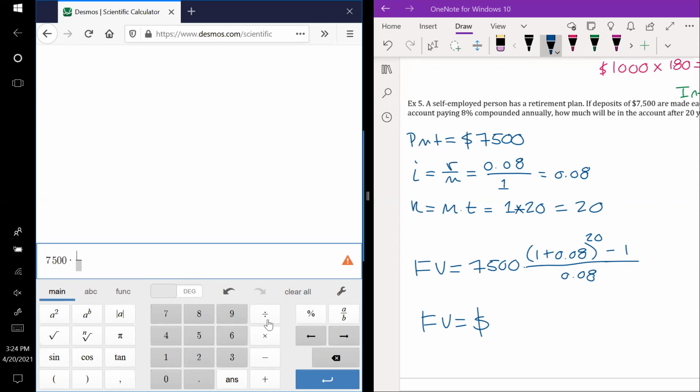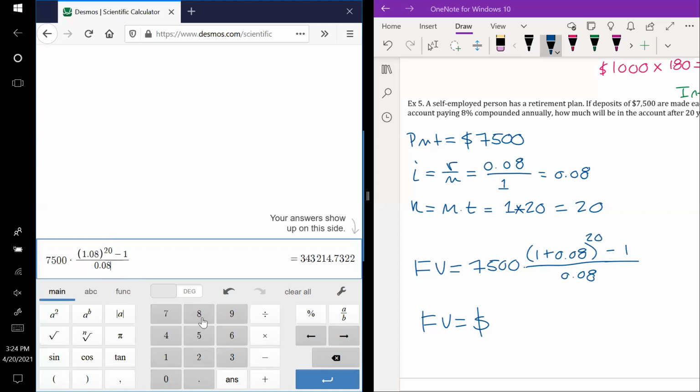$7,500 times parentheses 1.08 raised to the 20th minus 1 over 0.08. And after putting in $7,500 a year for 20 years at 8% compounded annually, we end up with $343,214.73.